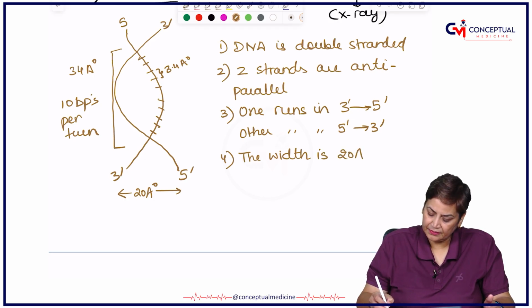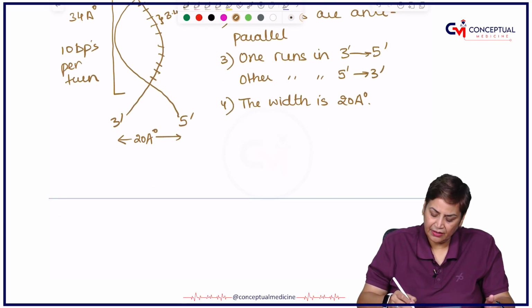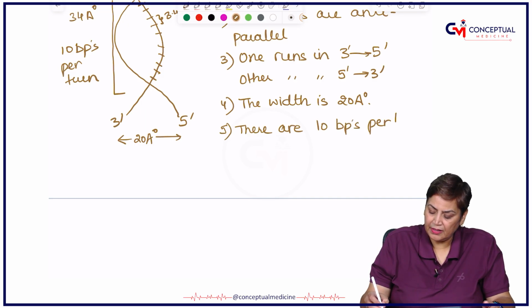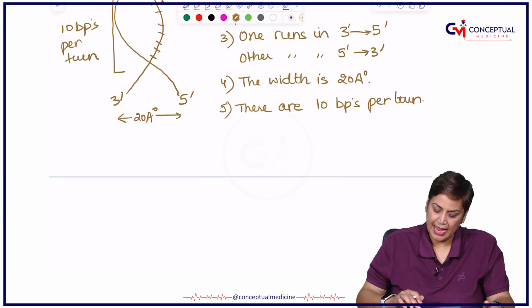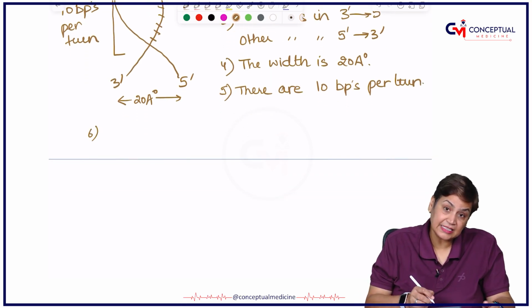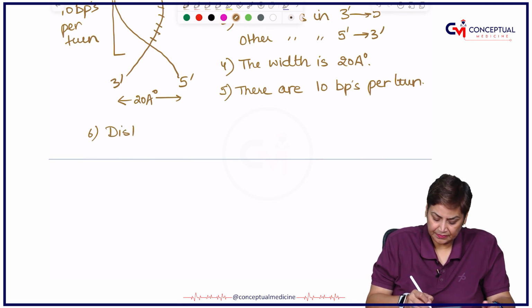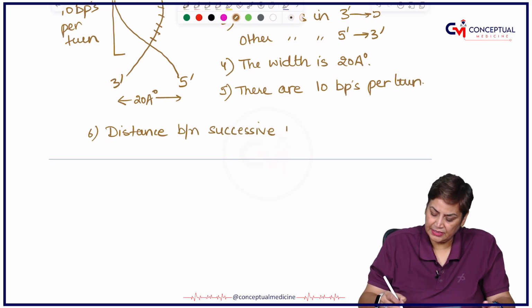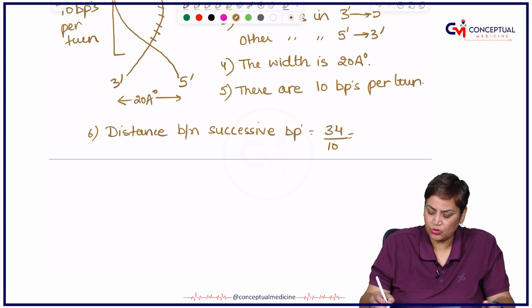There are 10 base pairs per turn, and the distance between successive base pairs is 34 by 10 equals 3.4 angstrom.